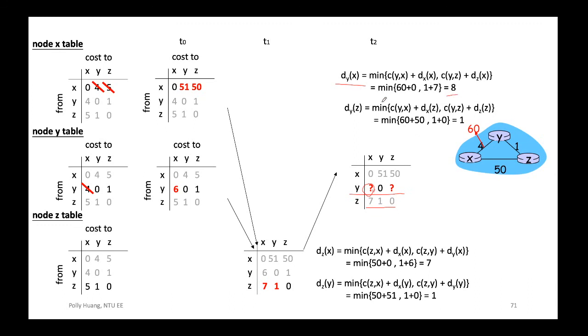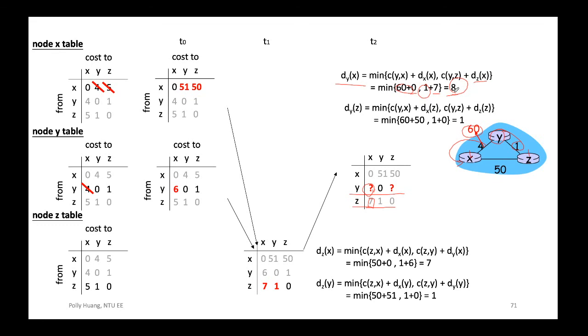Let's look through it again. From y to destination x, through neighbor x, link cost 60, or neighbor z, link cost 1. Through x: 60 plus xx, 0. Through z: 1 plus zx, looking up the table, z's x is 7. So we get 8.